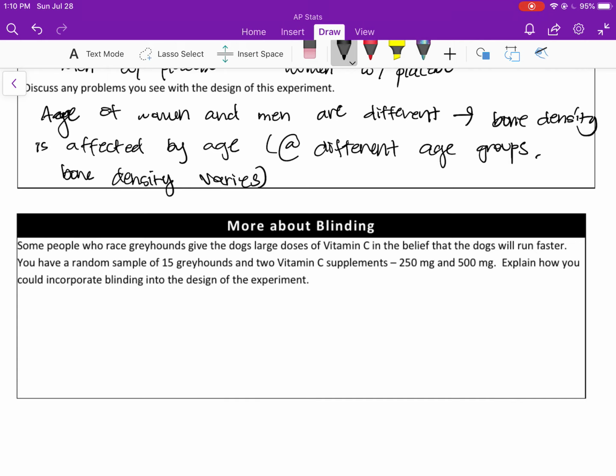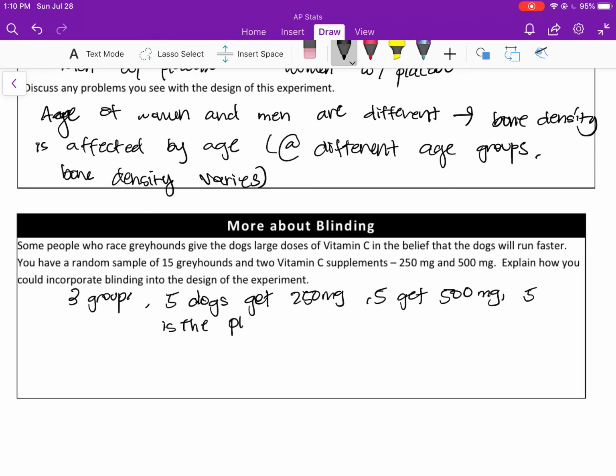Okay, so what you would do is first you would have 3 groups. 5 dogs get 250 milligrams, 5 get 500 milligrams, and 5 get the placebo.